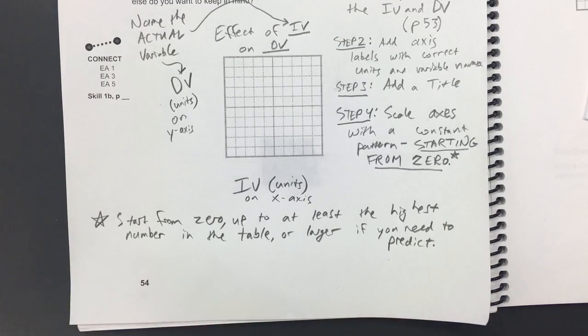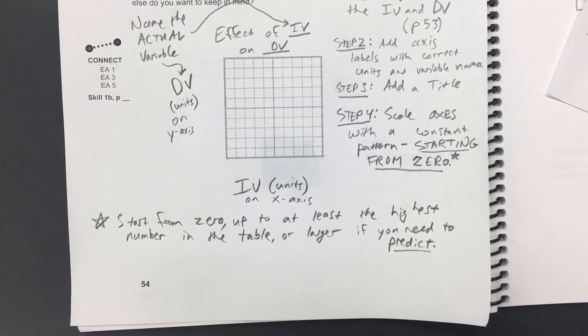So that was the suggestion that Kevin and Alpha and Katie made, that is, use larger numbers in your graph if you need to predict larger numbers.